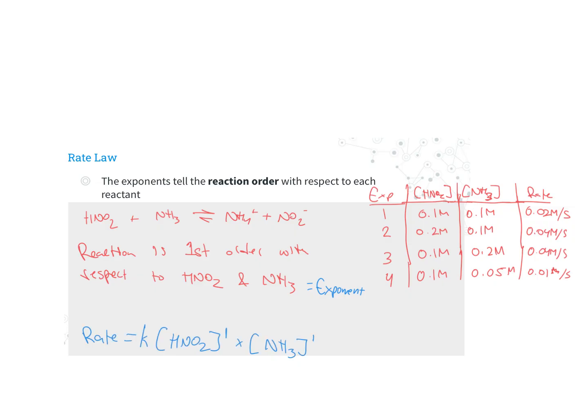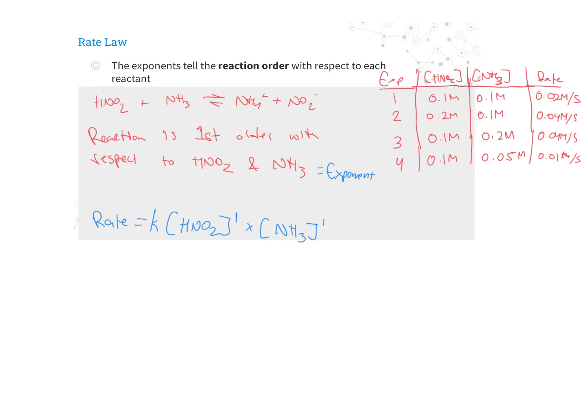So that reaction order essentially tells you how changing the concentration of that reactant will change the rate of the reaction. Now, the overall reaction order is just equal to the sum of the orders for each reactant. In this case, for HNO2 it's 1, for NH3 it's also 1, and so the whole reaction order is 2.